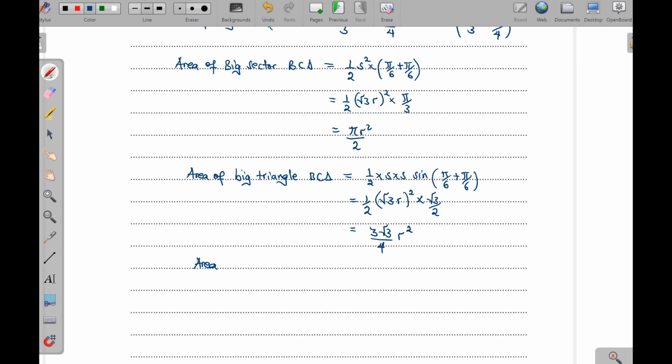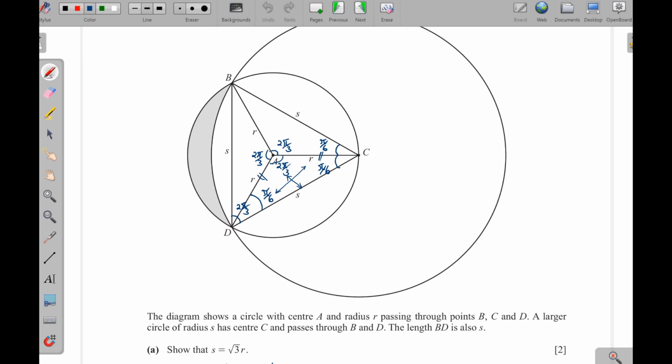Then we shall get the area of the segment in the big sector, so in the big circle, or maybe I can say in the big sector. What do I mean? I'm finding the area of which segment? This one here, this segment here. You see that? So I'm getting the area of this segment minus the area of this triangle.